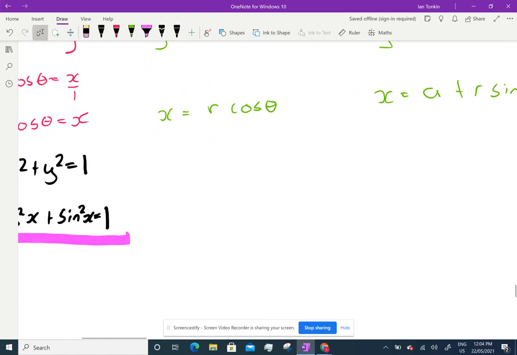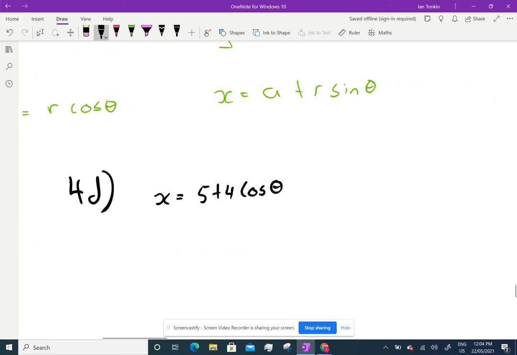So now I'm going to jump to question 4D, writing this in Cartesian form. In 4D, they give us x equals 5 plus 4 cos theta, and y equals 2 plus 4 sine theta.